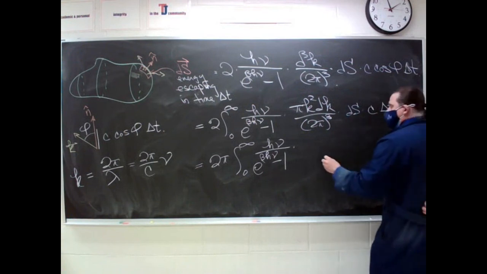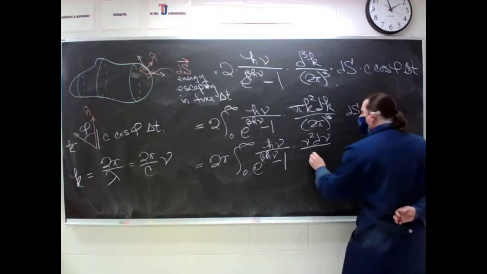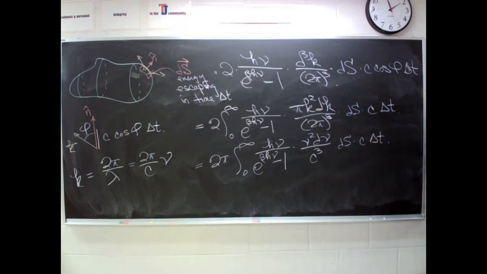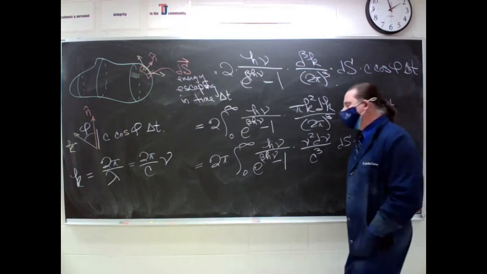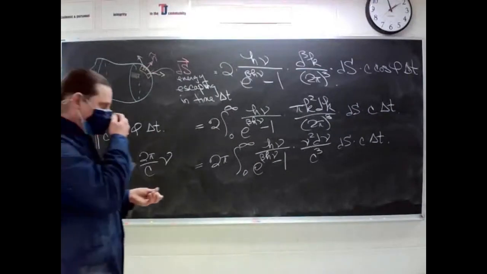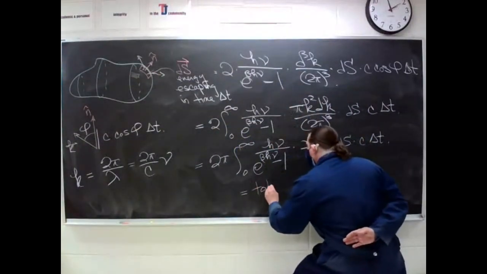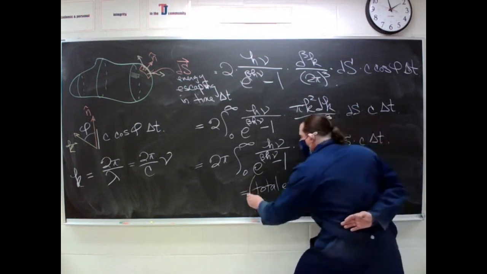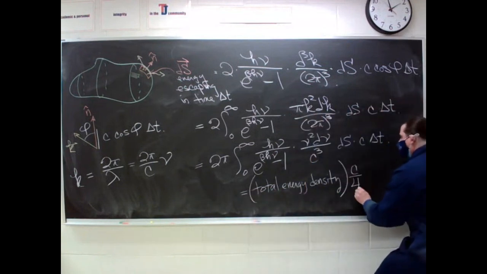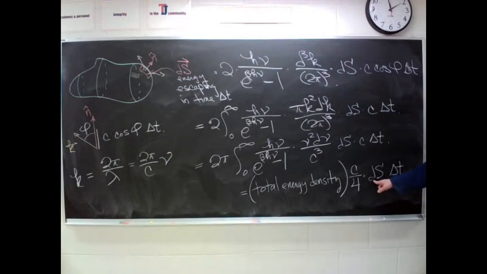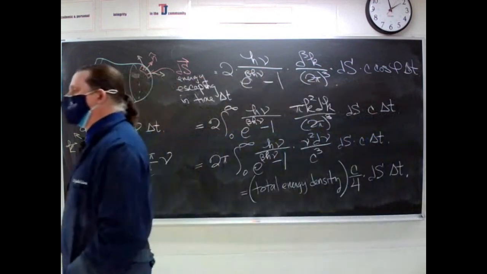All right, now if you compare this to what we got for the total energy density, you'll find that it's just the total energy density times c over 4 times the area of the little piece of surface times the time interval that I want to wait.